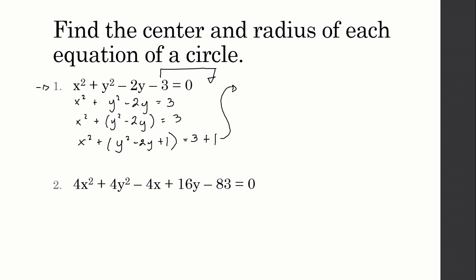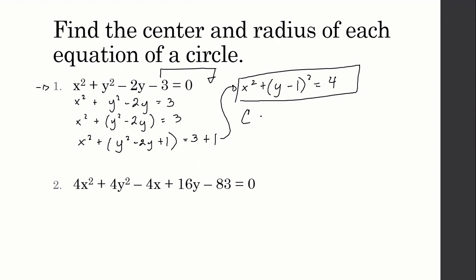For the next step, we will factor the perfect square trinomial. So x squared plus quantity of y minus 1 squared equals 4. So this will be the standard equation of the circle. Now we can determine the radius and the center of the circle.